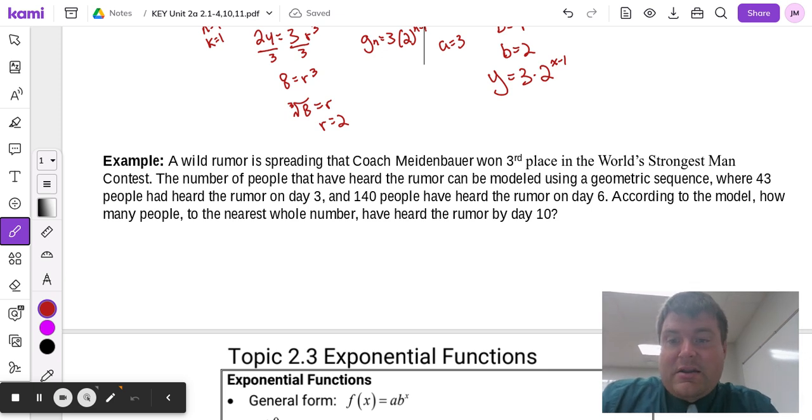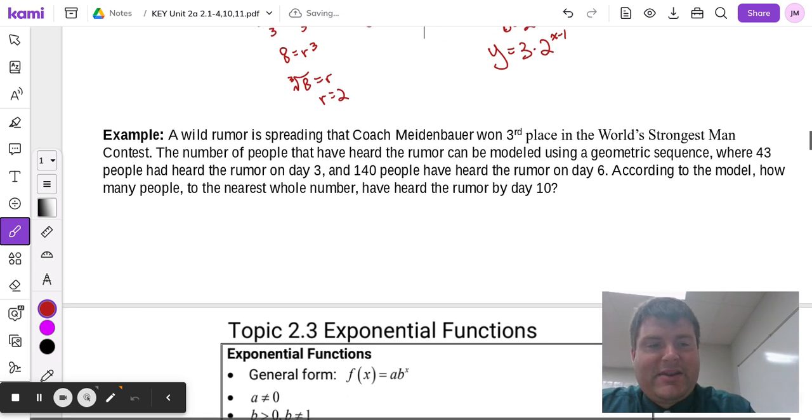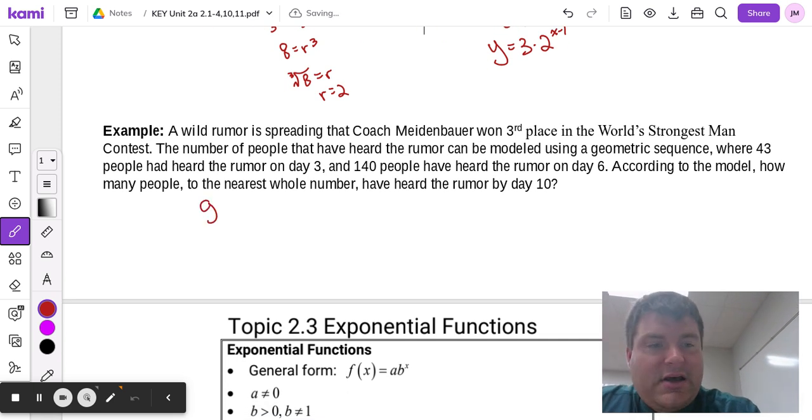Should have been first. The number of people that have heard the rumor can be modeled using a geometric sequence where 43 people heard the rumor on day 3. Let me go ahead and label that real quick. So on G3, 3rd day, 43 people knew that rumor.